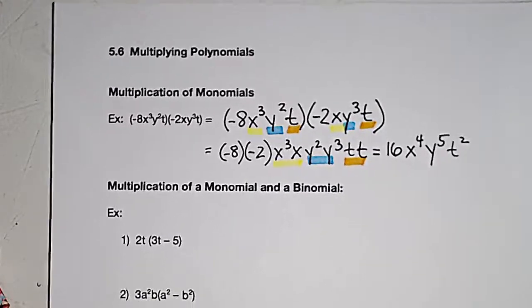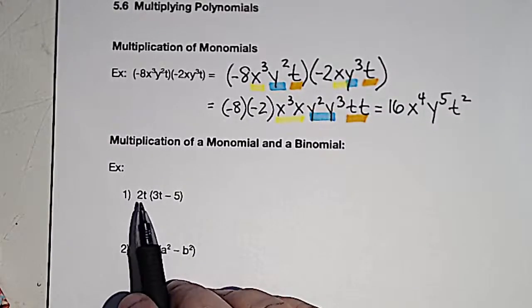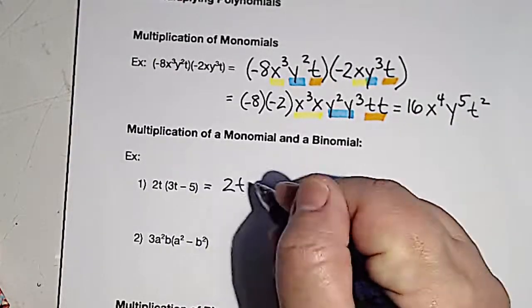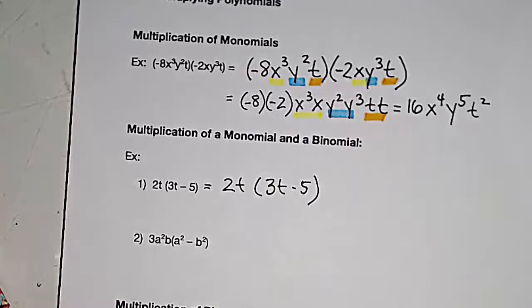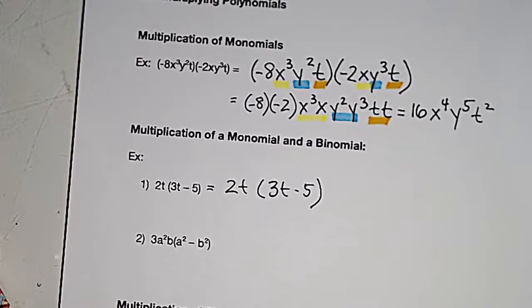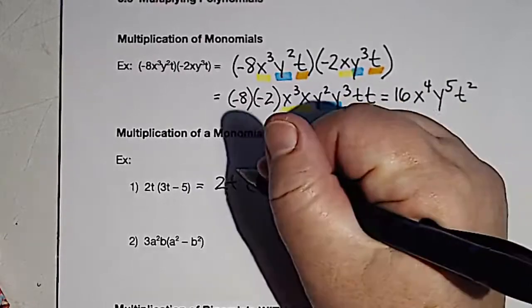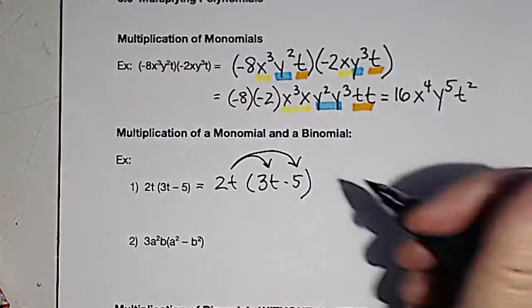Let's move on. A monomial, a single term, times a binomial, 2t times the quantity 3t minus 5. Well, we're calling it a monomial times a binomial, but you know it as the distributive property. You've already worked with this.